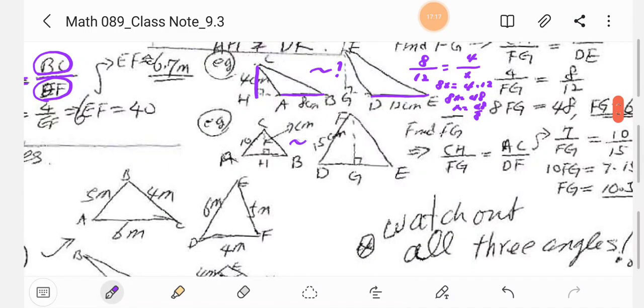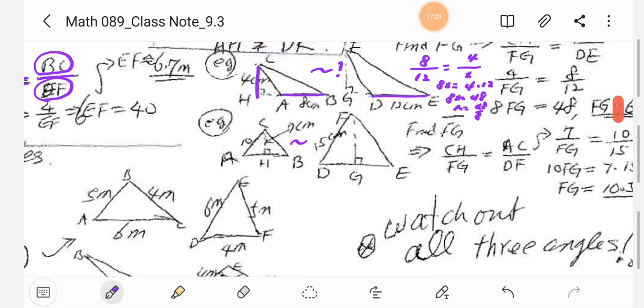Okay, these two are similar. So we can write an equation using ratio proportion. Side length 10, so 10 over 15. That is equal to the height 7 over this height. Let's say that is x.